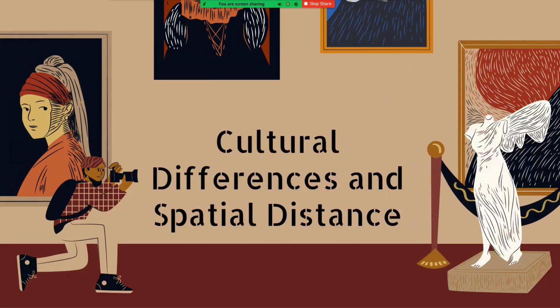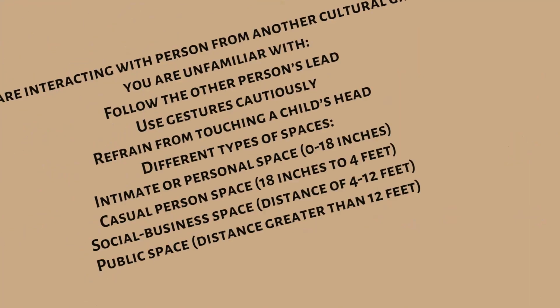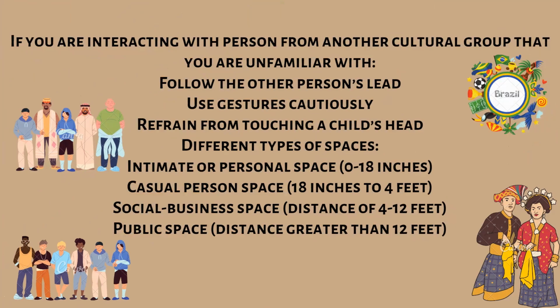So now we're going to talk about cultural differences and spatial distance. If you are interacting with a person from another culture group that you are unfamiliar with, follow the other person's lead. Use gestures cautiously. Refrain from touching a child's head. And then let's talk about some different types of spaces.